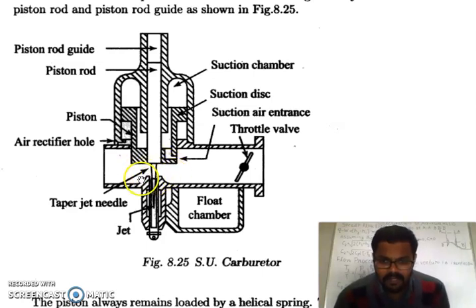So in this carburetor, our main purpose is that when the air passage increases, the amount of fuel supply will increase. Now you can see in this diagram, the air passage is less, and at the same time the amount of fuel supply is less. So this is your SU carburetor.